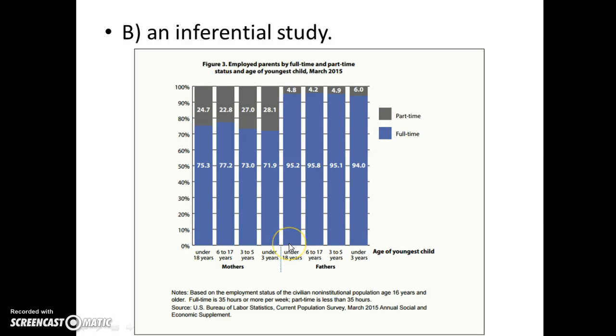An example of an inferential study: here I got this from the U.S. Bureau of Labor Statistics. This study gives information about employed parents by full-time and part-time status and age of youngest child. This was done in March 2015.